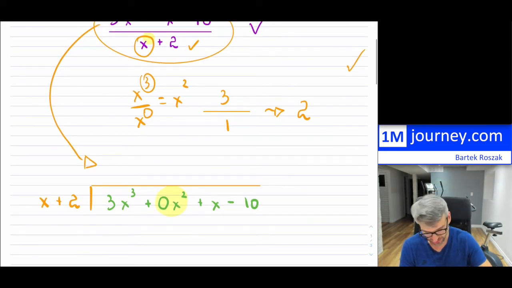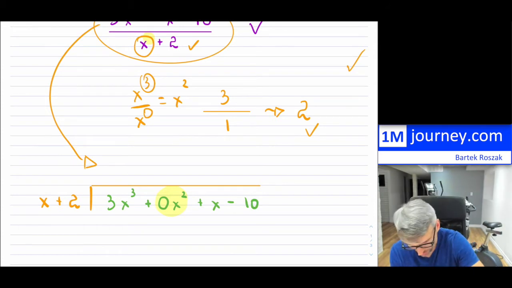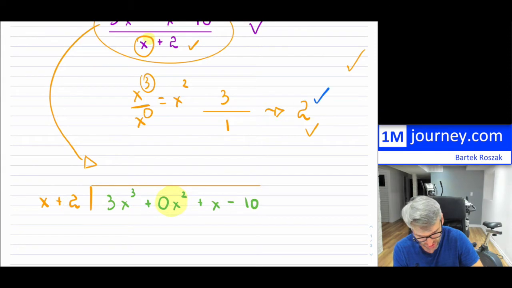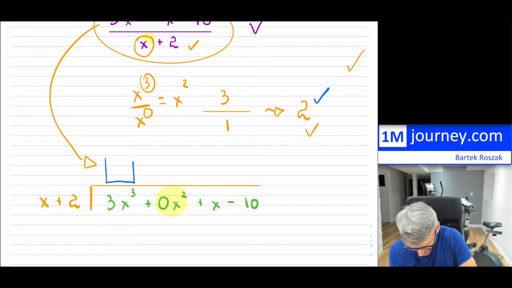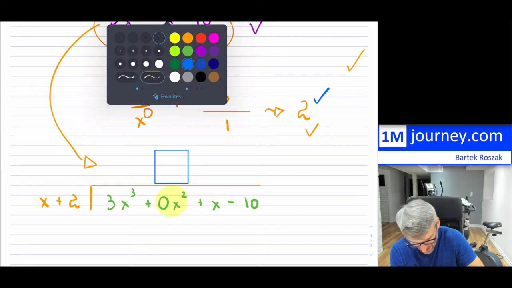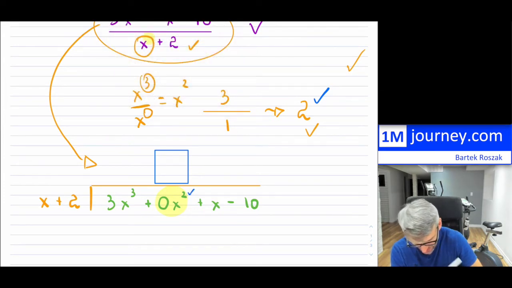And this is kind of important because it's going to tell you where to start to input your actual quotient. So what I mean by that is the following. Since our result will be of order 2, I'm not going to start writing my numbers right here. I'm going to start my numbers on the second order, which is going to be above right there. And that is because this is of second order.